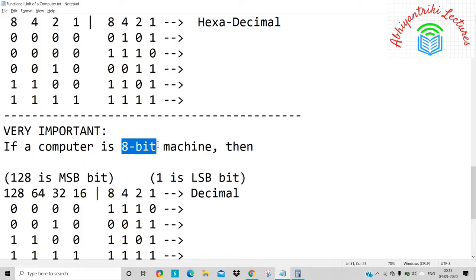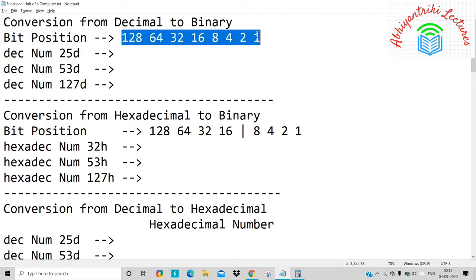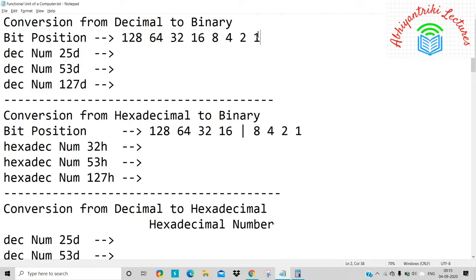So first we'll take conversion from decimal to binary. This is the bit position. You have to start from right towards left, in this reverse order. First you write 1, then 1 times 2 is 2, 2 times 2 is 4, 4 to 8, 8 to 16, 16 to 32, 32 to 64, 64 to 128, like that. 128 to 256, it keeps going.